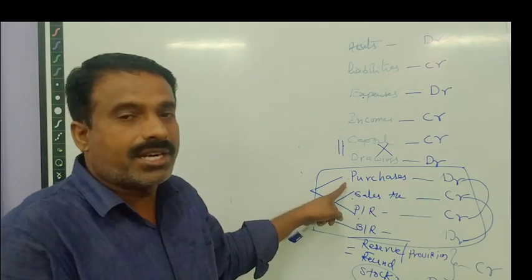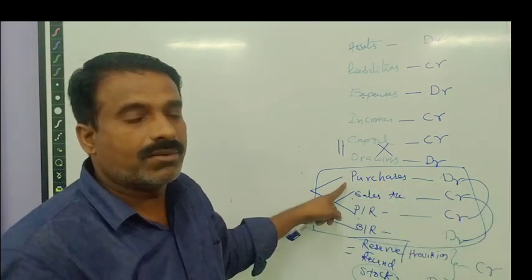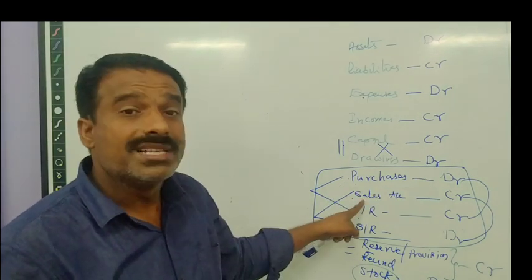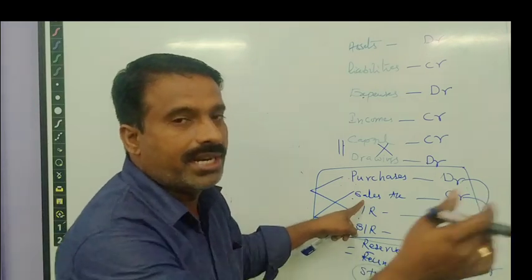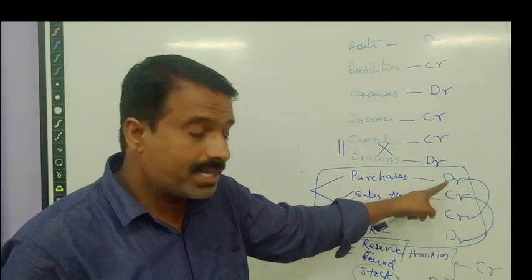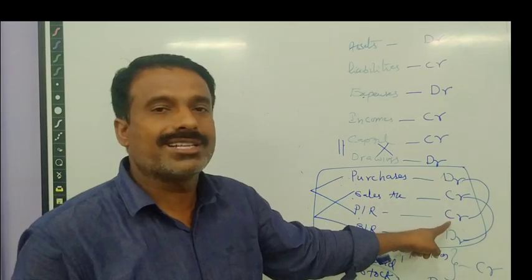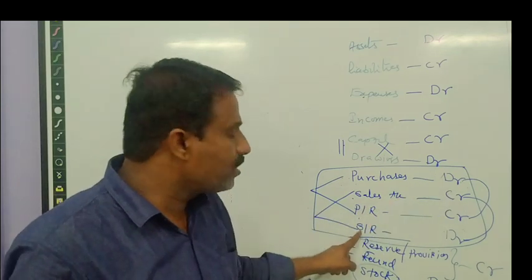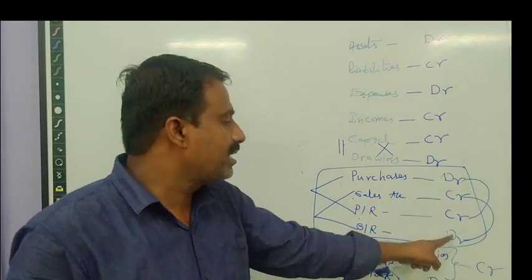Purchases: when we buy goods, goods are coming in, so it is a debit balance. Sales: when goods are going out, it is a credit balance as per the real account. If purchases are debit balances, purchase returns are definitely the opposite, so credit balances. Sales are credit balances, and the opposite of sales, sales returns, are debit balances.